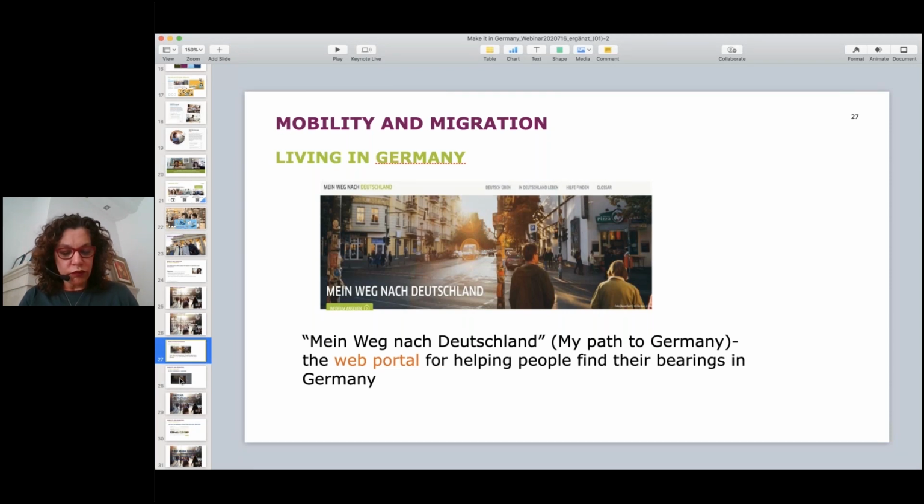So we suppose you are now living in Germany, and you need help to find your bearings in Germany. So the portal Mein Weg nach Deutschland, or My Path to Germany, has many contents and many sections. So you can every time with one click have the information you need for a successful integration in Germany.